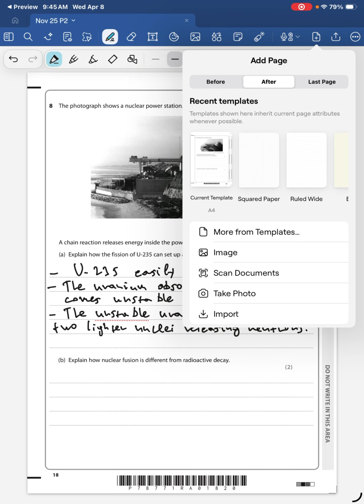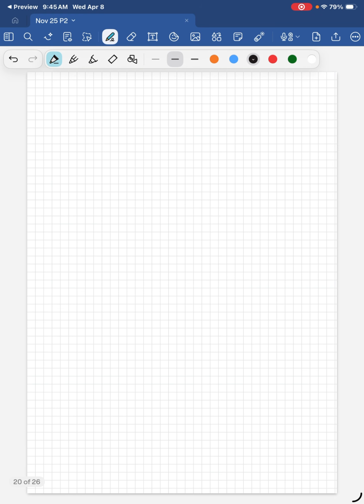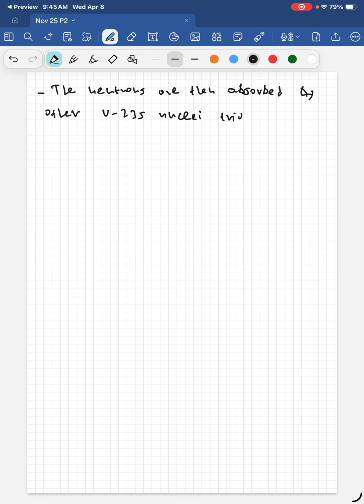Okay, let me use a clean page because I ran out of space. The neutrons are then absorbed by other uranium-235 nuclei, triggering a chain reaction.